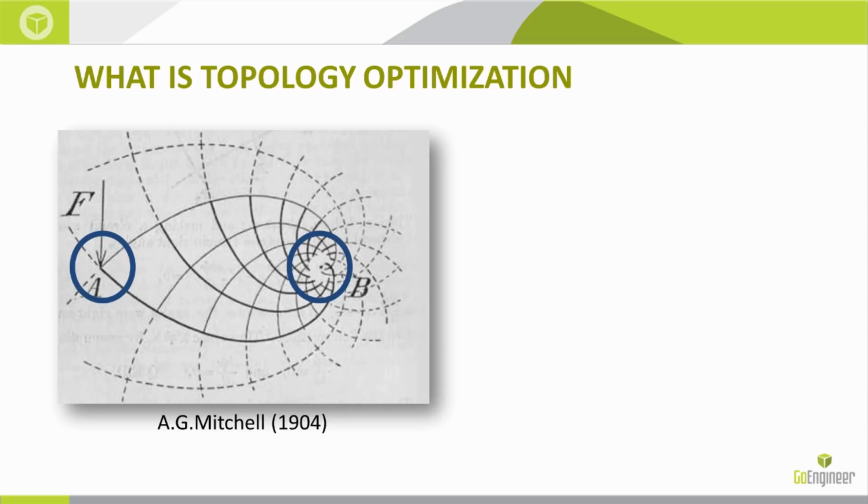And part of my research, and I quoted this person, A.G. Mitchell, and the image on the left seems complicated, and I'm going to break it down for you. If you look at any bracket, any sort of part, the primary objective of that part is, imagine a point A where you have a loading, and point B where you have a fixture or some sort of support.